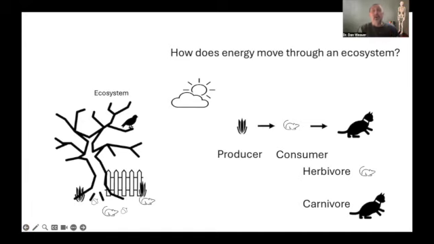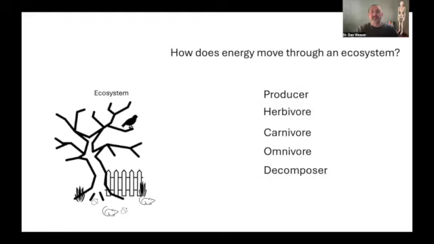So plants are producers because they're producing the energy. Then we have the consumers. Herbivores eat the plants. Carnivores eat the herbivores. So at each spot along the way, energy gets passed from one living thing to the next. So we start with the producers, and then we have herbivores, then we have carnivores.